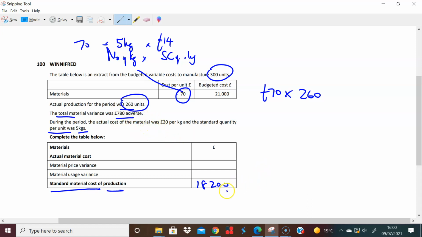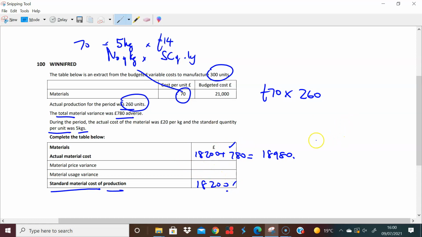And if this was the standard, it means that this actual material must be 18,200 plus 780. So in total, we spent 18,980. That's the first thing. So I already have this answer and I have this answer.